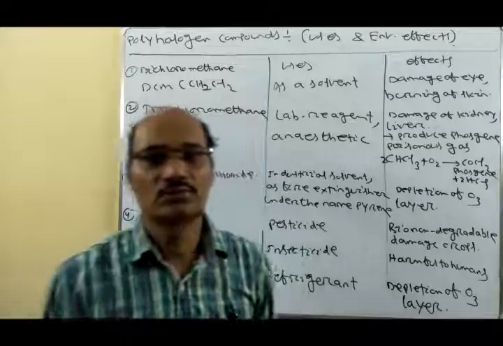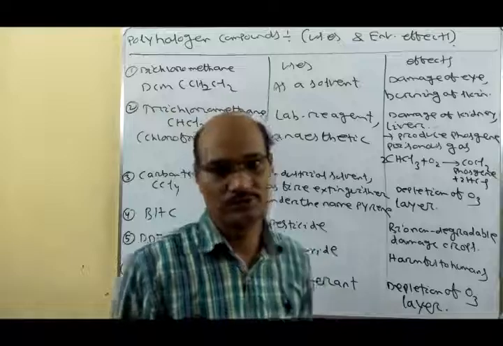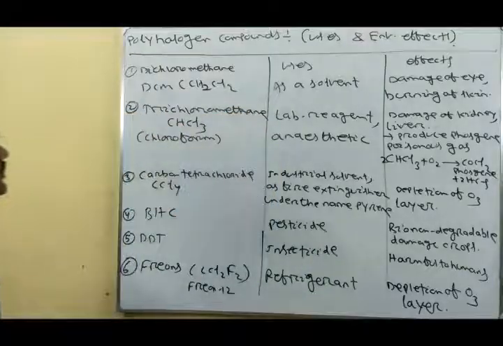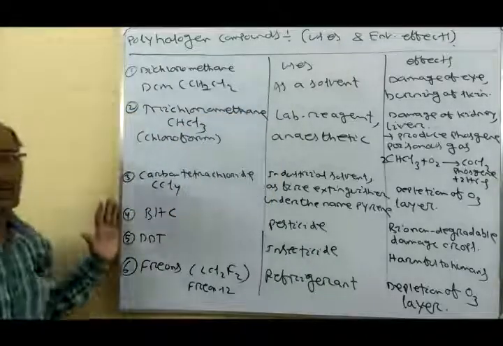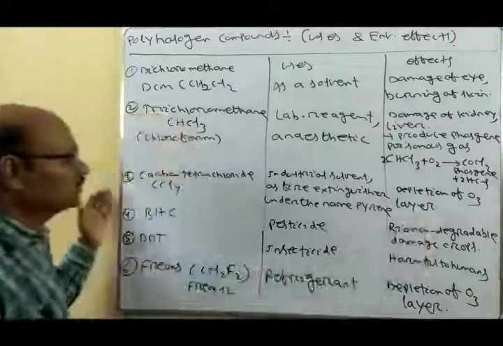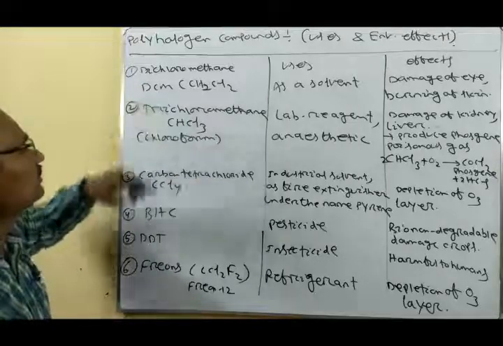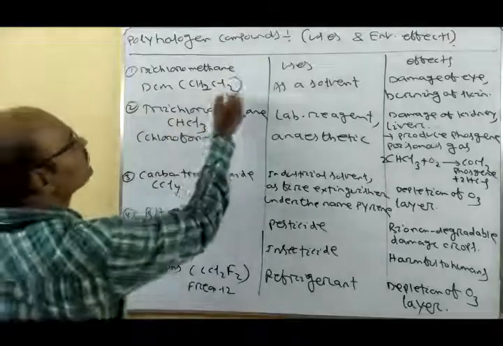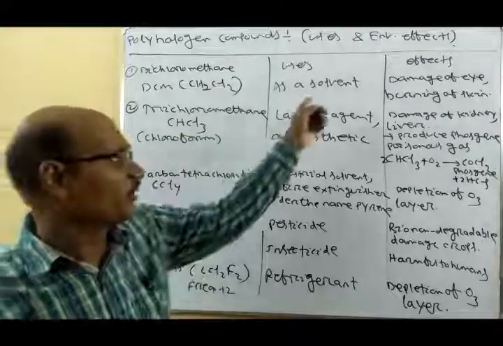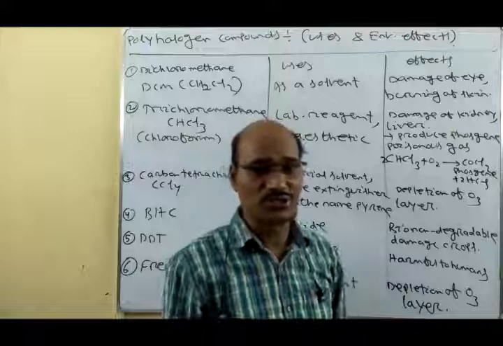Polyhalogen compounds, uses and their environmental effects. So these are the different polyhalogen compounds, uses and effects. Just remember, if you take dichloromethane, called DCM, this is CH2Cl2. It can be used as a solvent and can cause damage to the eye and a burning sensation to the skin.